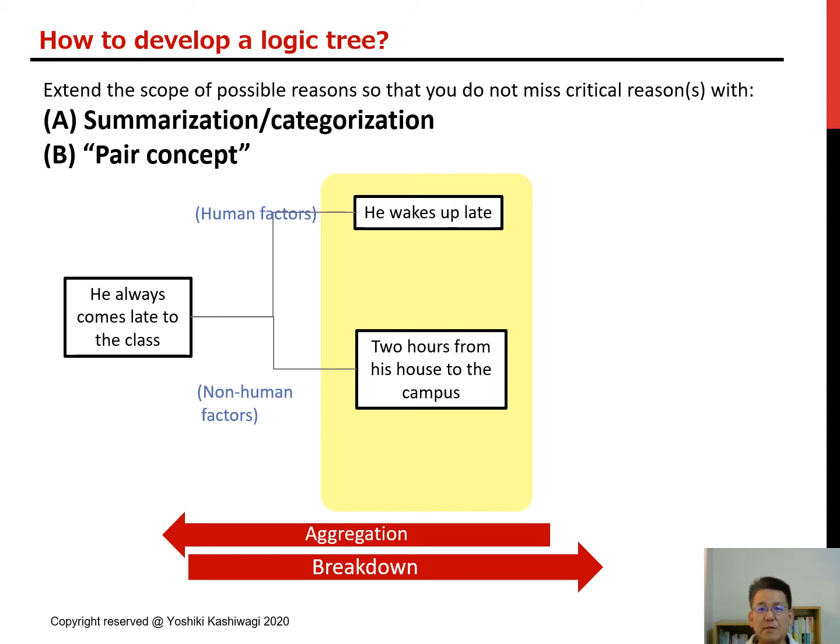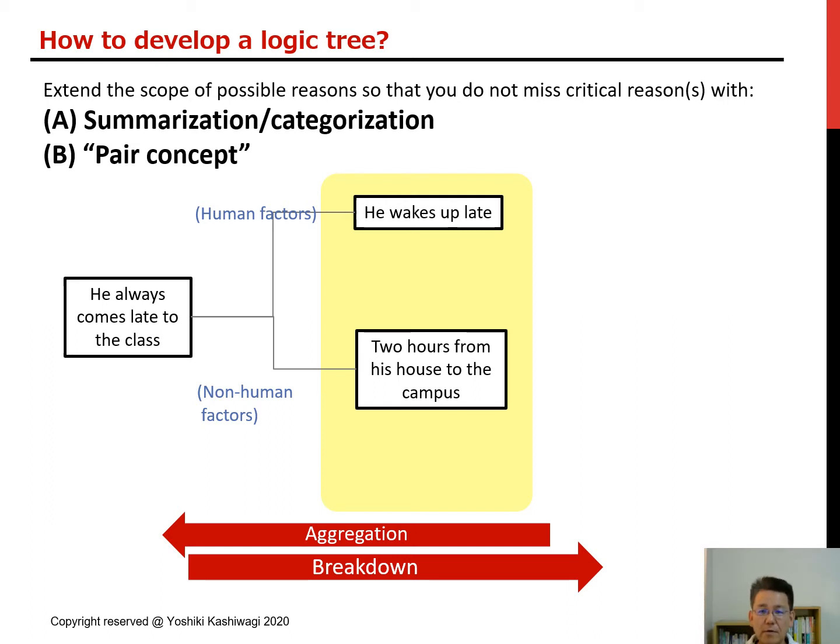This is the human factors. Once you place this category or concept of the idea, you make another concept beside this, which is a pair of the first one. Human factors and non-human factors.